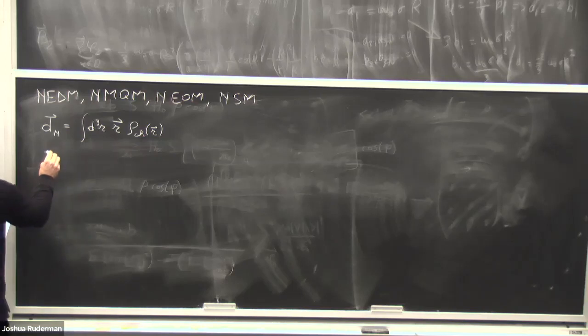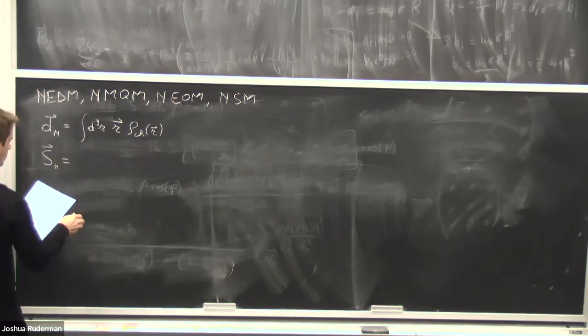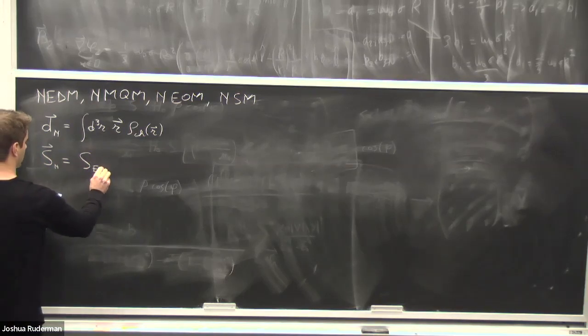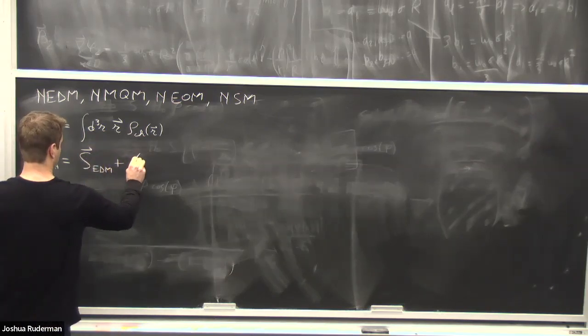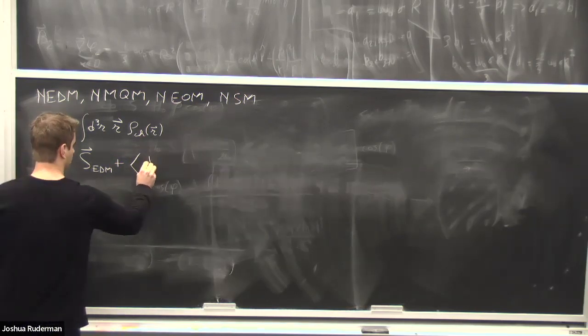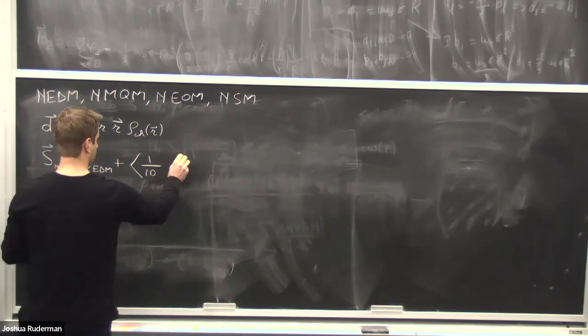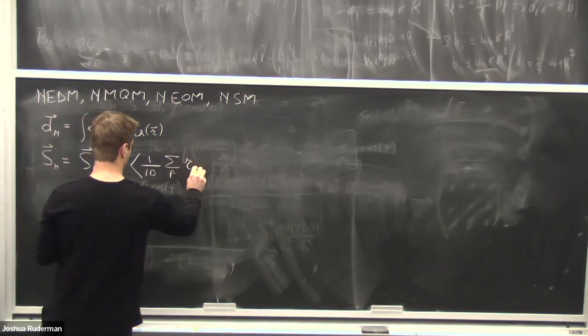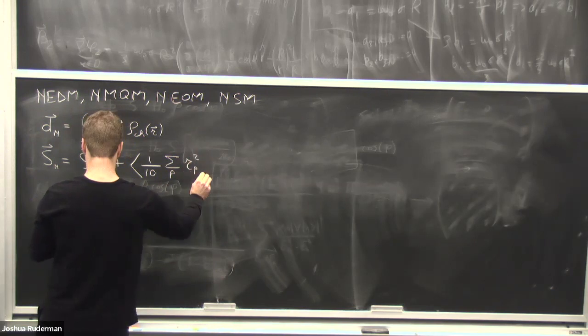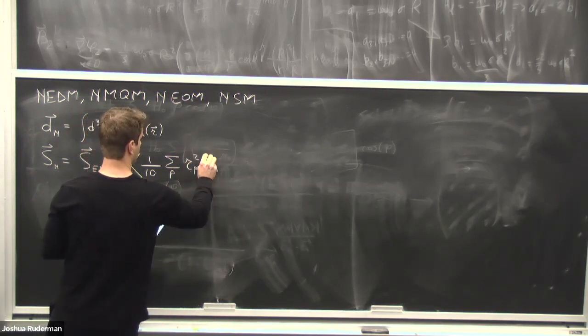The shift moment is basically the radius-squared weighted electric dipole moment. So let me write it. You can write it as some EDM contribution that I'll tell you in a second, plus basically 1/10 times the sum over all charged particles in the nucleus, which are the protons, times the radius squared times the radius.